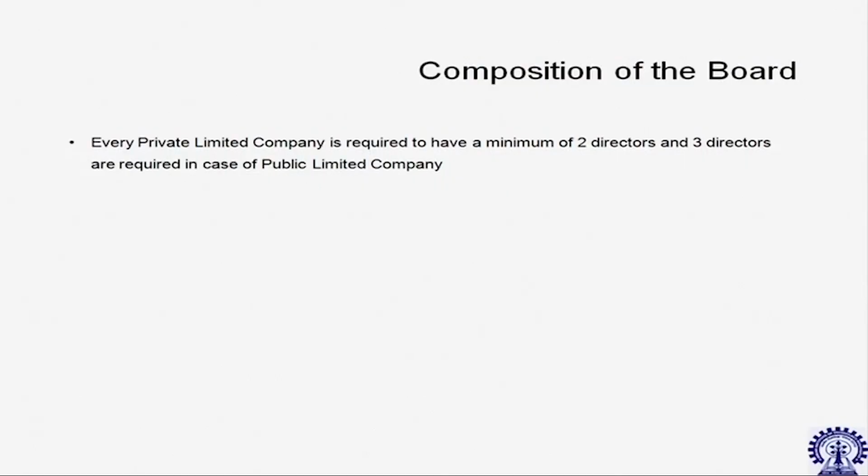So, whatever has been mentioned in the AOA about the number of people on your board of directors, you should go ahead accordingly. In the board there might be some executive directors, some non-executive directors, and some independent directors. Whatever composition you have proposed, accordingly you should appoint the directors to the board.